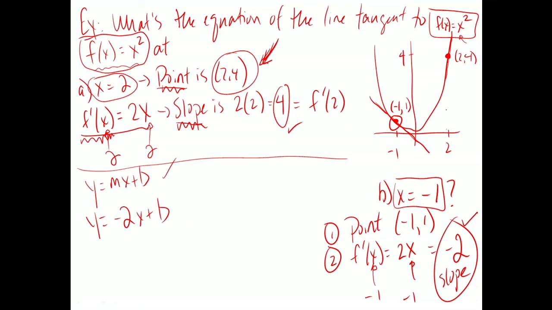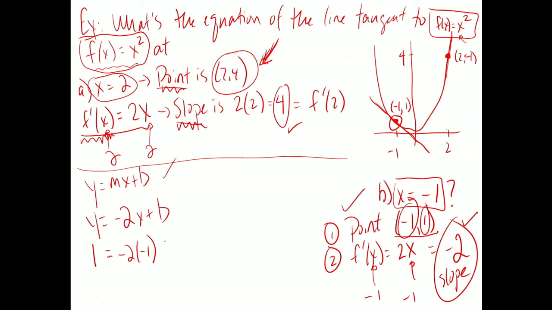All right, and then I need to know b. Well, and again, the fastest way I know to figure out b is to say, well, we know a point. We know that when I plug in x equals -1, I better get 1 for y, because that's what it means to say that the point is on the line, or that the line goes through that point. So if I plug in x equals -1, I better get y equals 1.